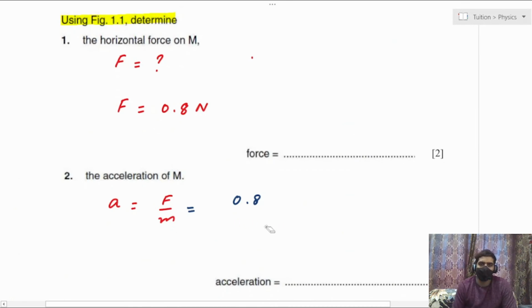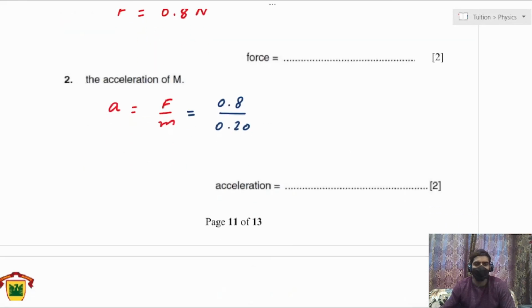So you can write it over here: 0.8 divided by 0.20, and then you simply hit it on the calculator. 0.8 divided by 0.20 gives 4.